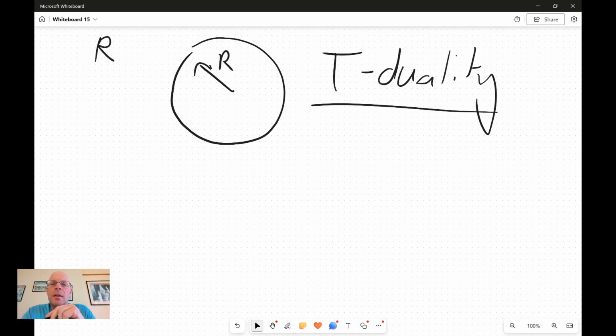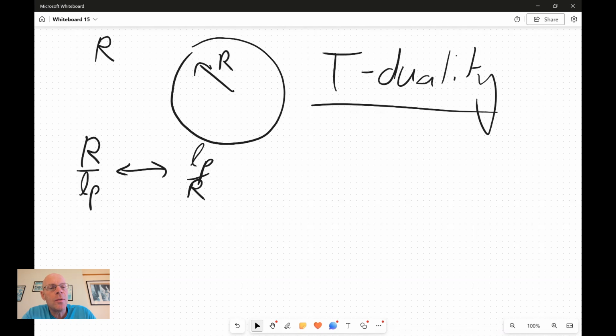And T-duality is something remarkable. It's a duality between a universe of large radius R, and it tells us that this universe is equivalent to a tiny universe.